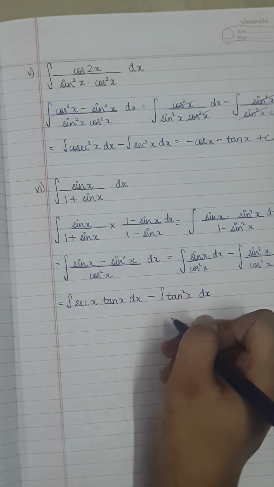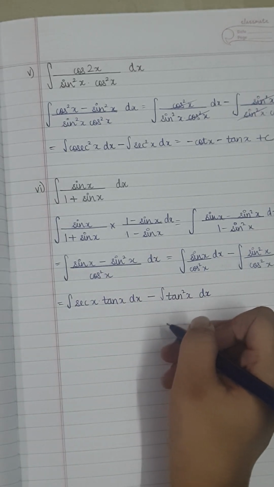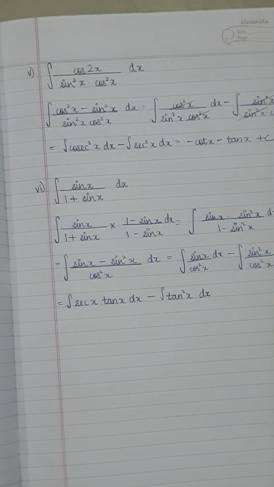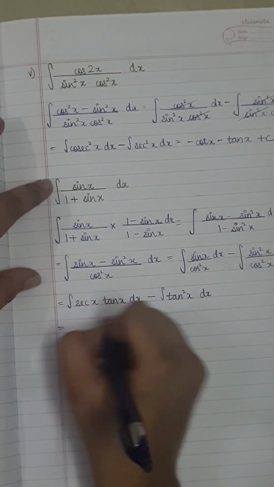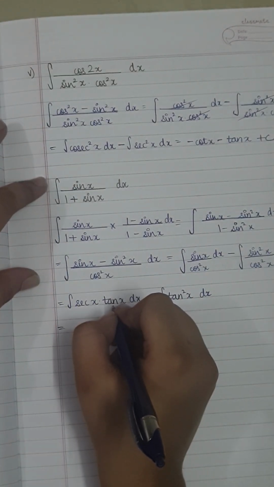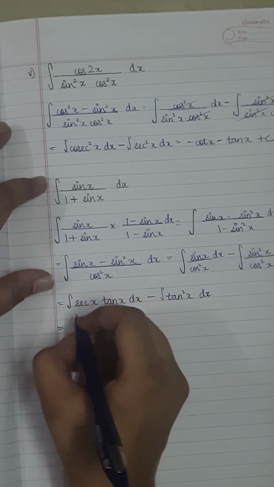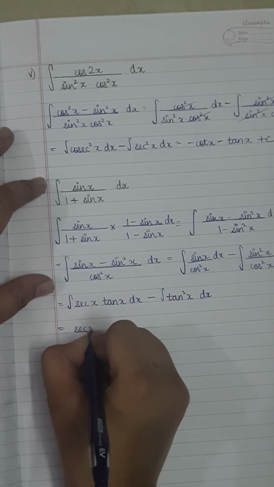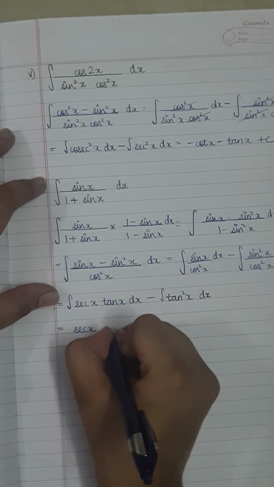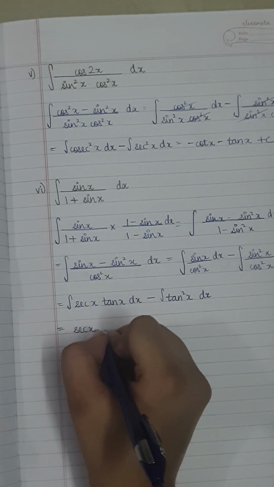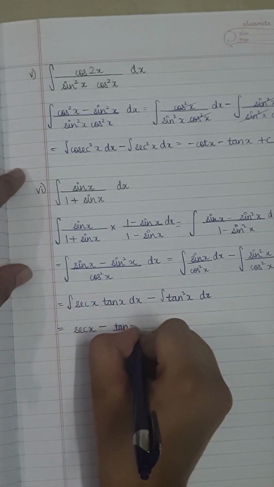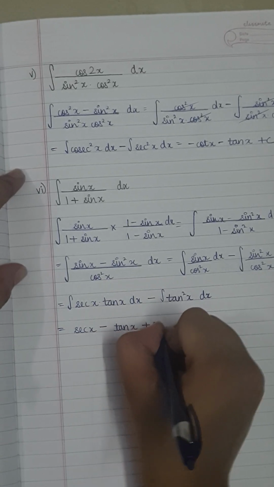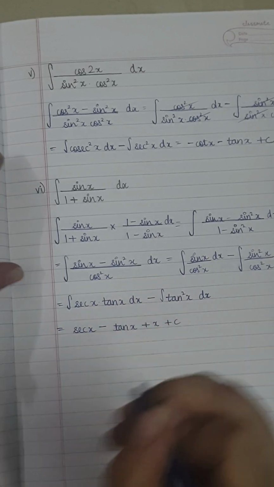We already did the integration of tan square x dx, where we found it out to be tan x minus x plus c, and sec x tan x integration is the same as sec x. So sec x and minus tan square x. Tan square x is integrated as tan x minus x. So minus tan x plus x plus c, the integration constant.